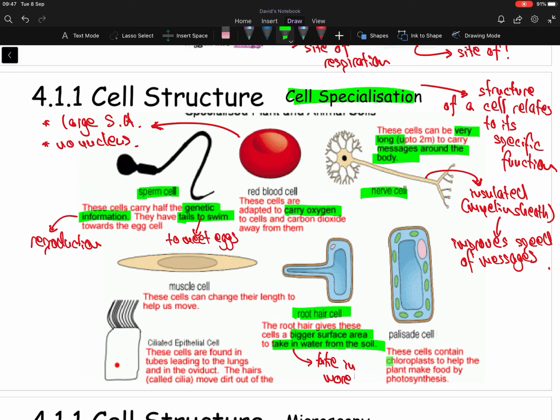Now these contain lots of chloroplasts, so that you can increase the amount of photosynthesis. Just a couple of examples of specific cells that have specific shapes and things within them that allow them to carry out unique jobs.